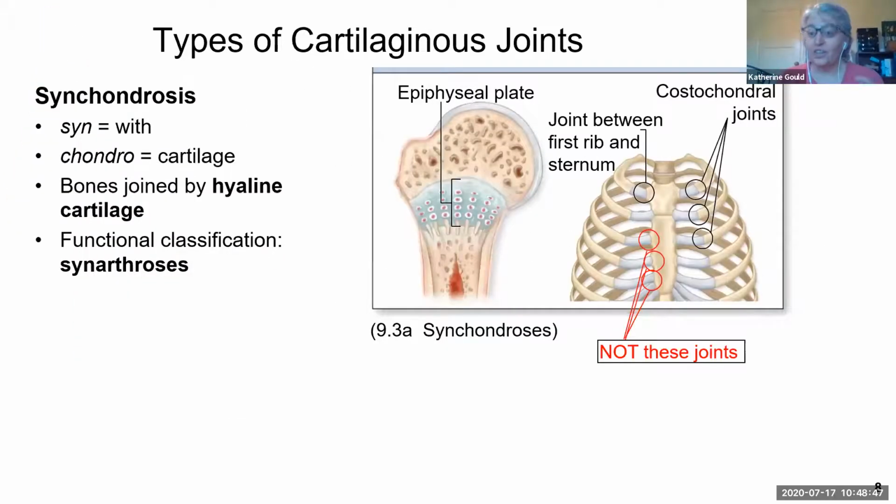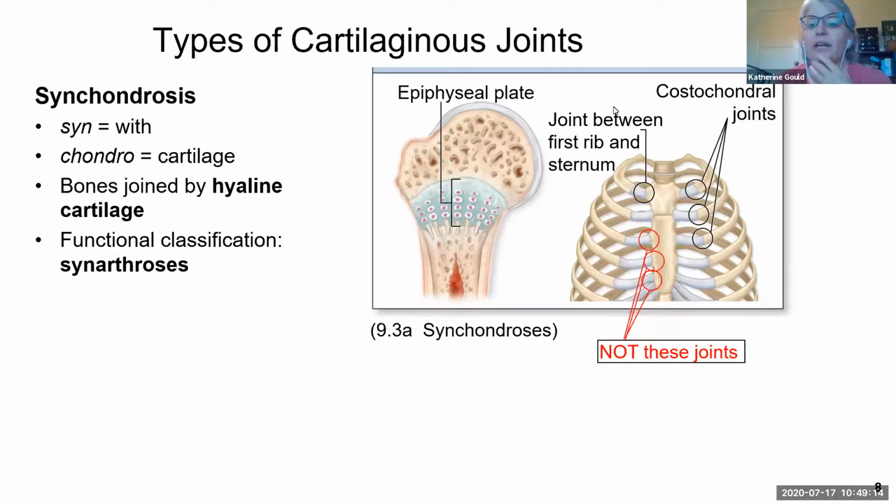Now, cartilaginous joints. A synchondrosis, syn with and chondro cartilage, means two things held together with a band of cartilage. So all of the epiphyseal plates in all of your long bones are actually considered synchondroses. These are functionally synarthroses because they don't move.